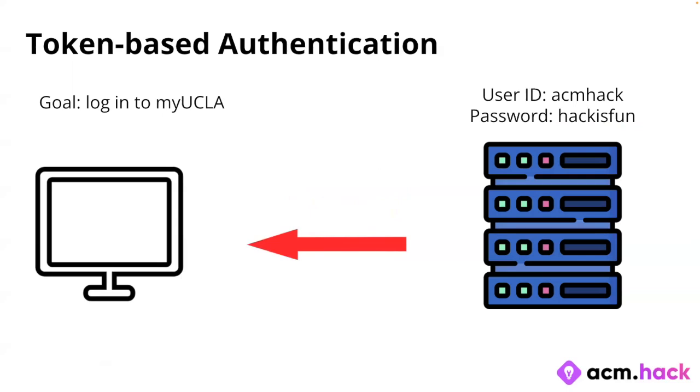Now the server will do the same verification process as last time. And in this case, since I provided the correct information, the server will approve my request. So after the server approves my user ID and password, it'll give us back a thing called a token. But what exactly is a token?